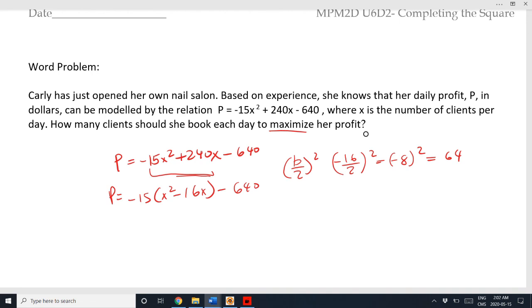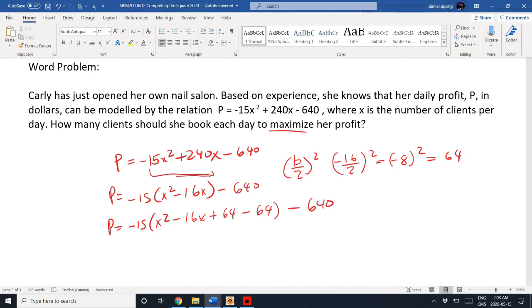And so we can add and subtract that value from within the bracket. We'll have x squared minus 16x still and then we'll have plus 64, and then minus 64, and we'll close the brackets, and we still have the negative 640 on the outside.